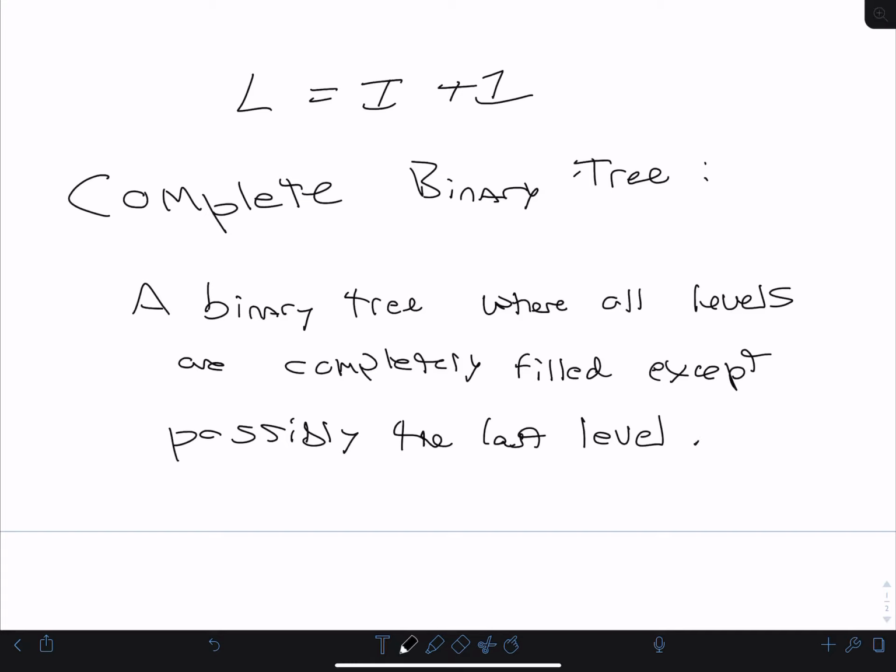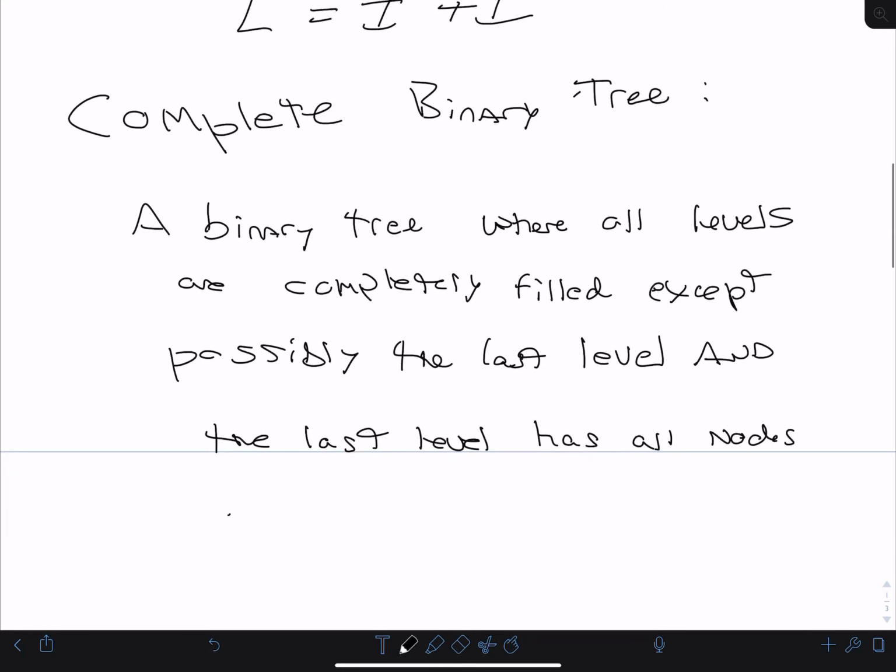However, if the last level is not full, then that last level has to have all the keys or all the nodes as far left as possible.